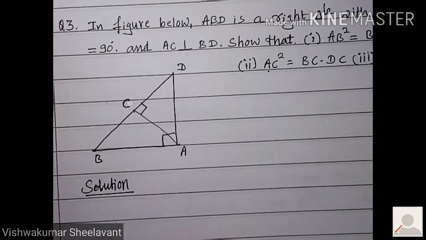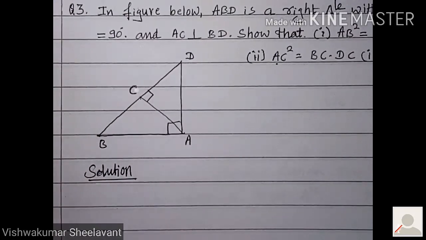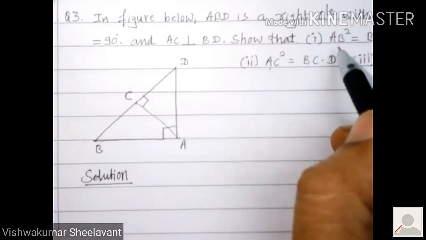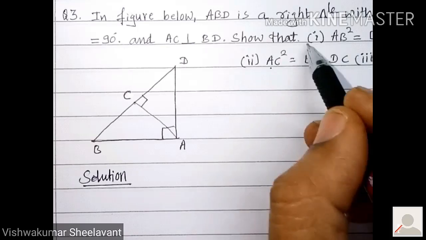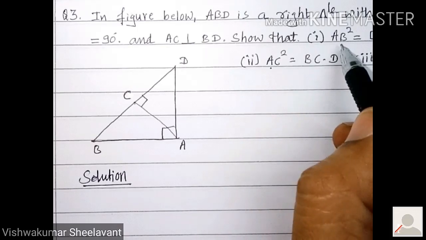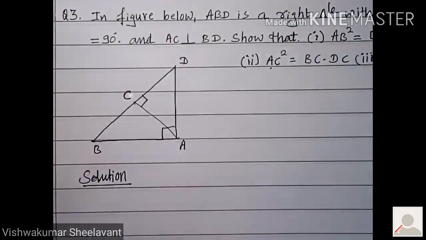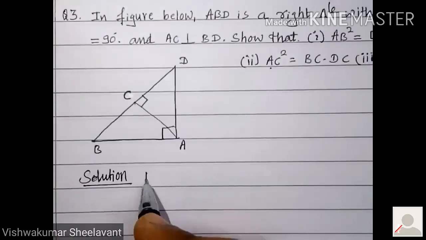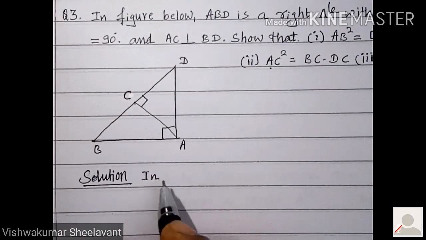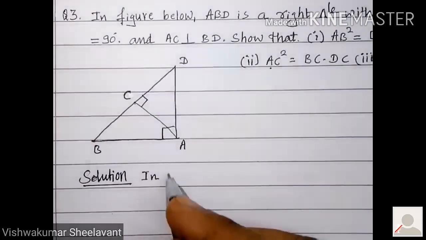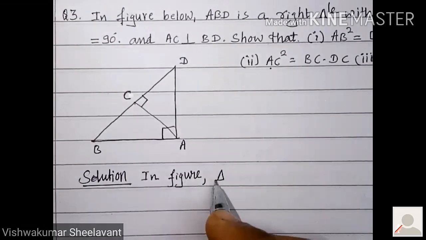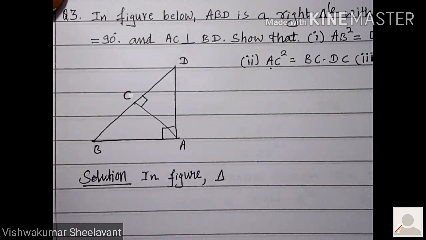Solution. So to have AB square, as in question number 1, which triangles will we consider?